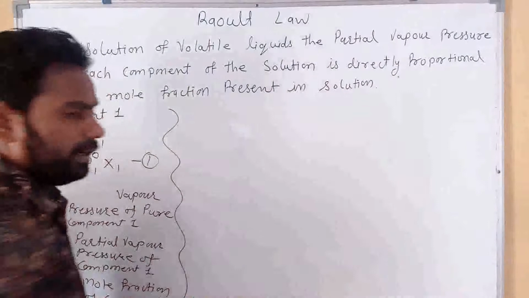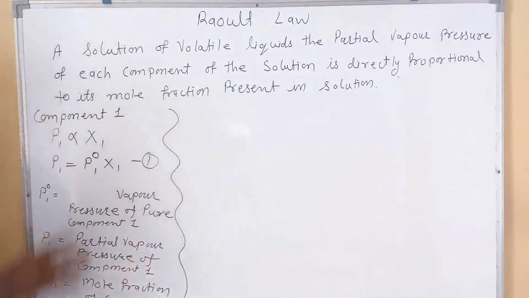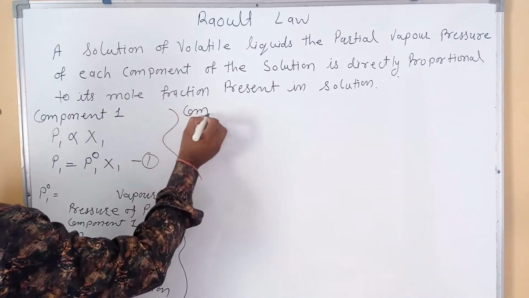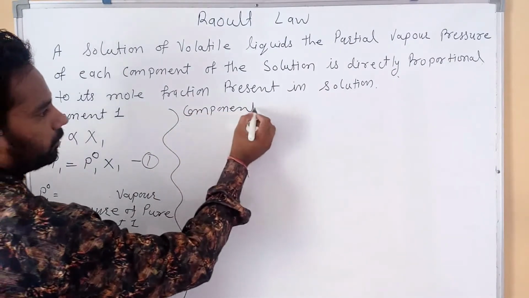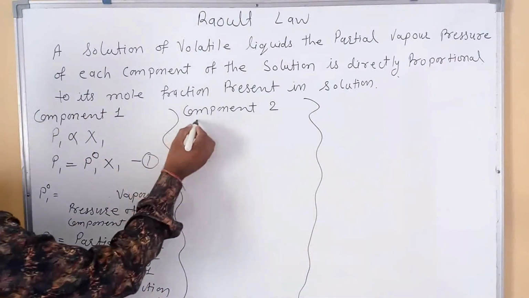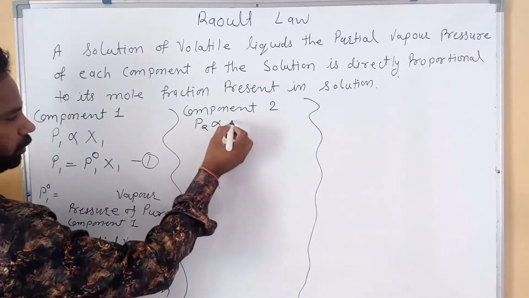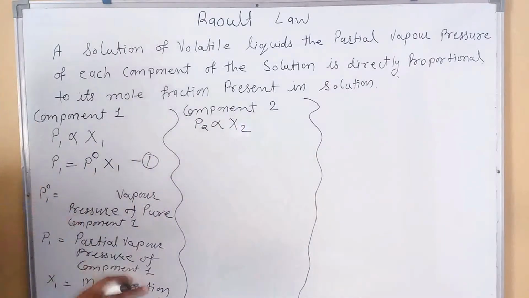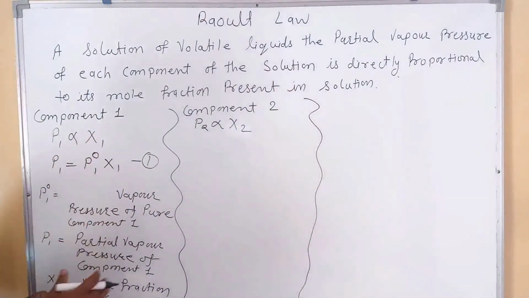Again we consider the solution prepared by two different components. First component we write here, then second component 2. P2 is directly proportional to X2, similar to component 1.